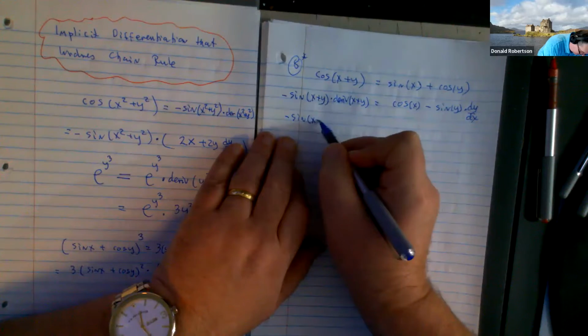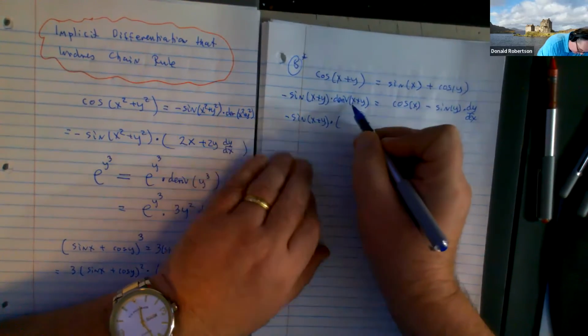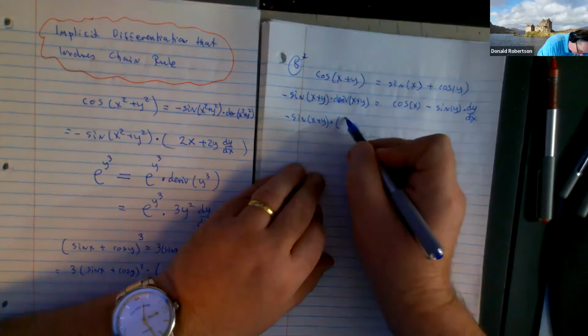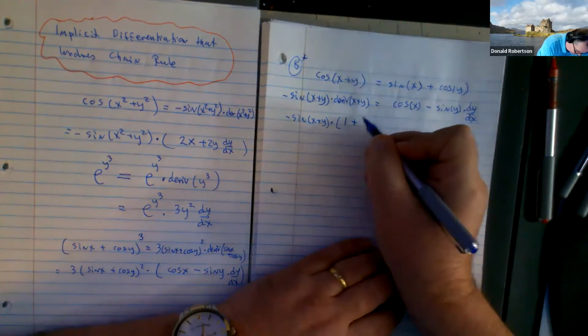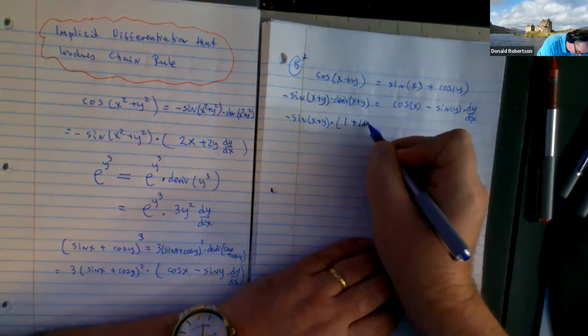So I've got this guy times, if you differentiate x add y, the derivative of x is 1, the derivative of y is 1 dy by dx.